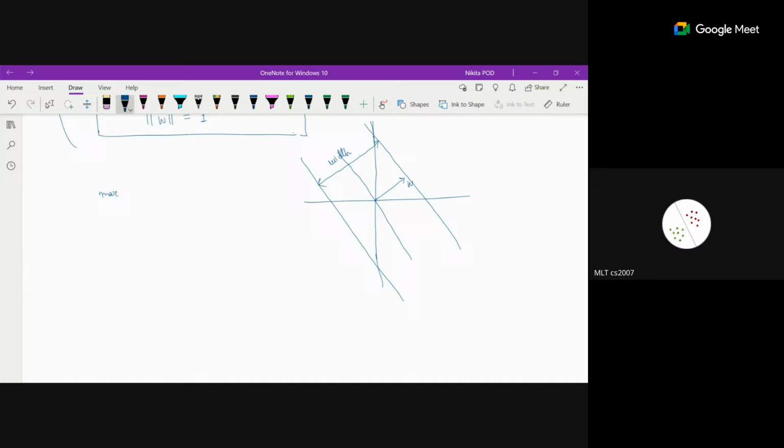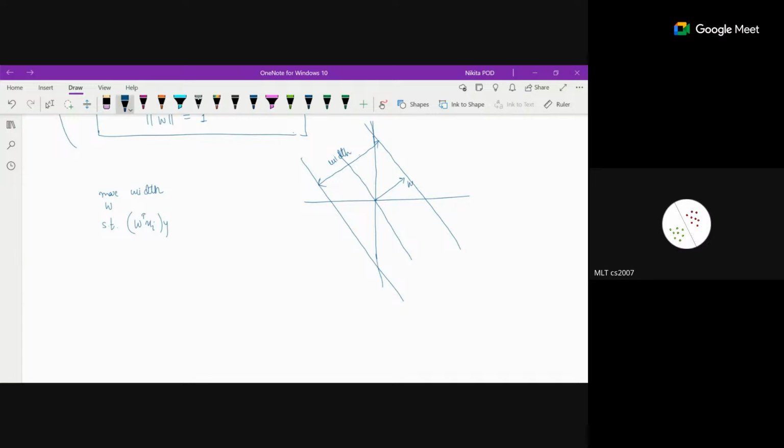And with respect to what constraint? Over W such that W transpose Xi Yi is greater than or equal to 1 for all i, since we are restricting my gamma to be 1.